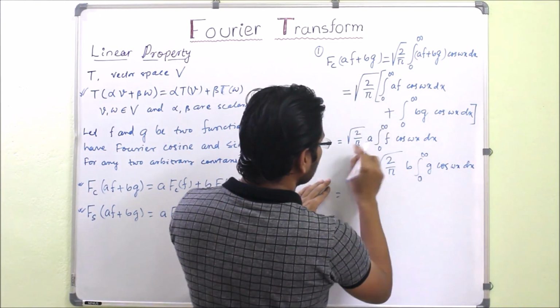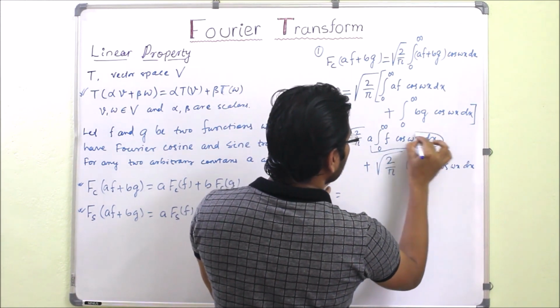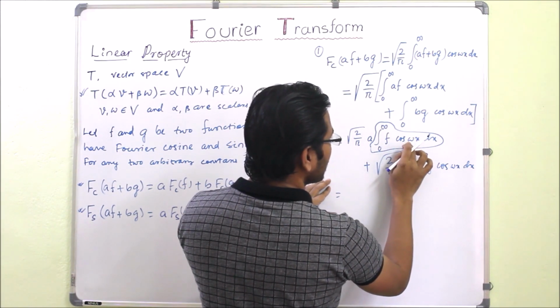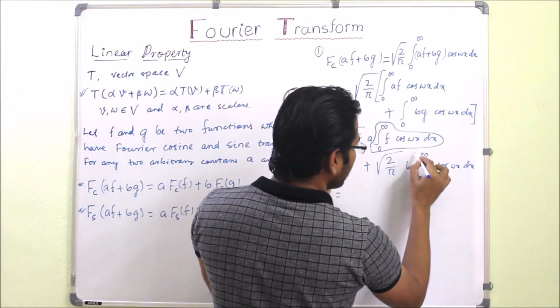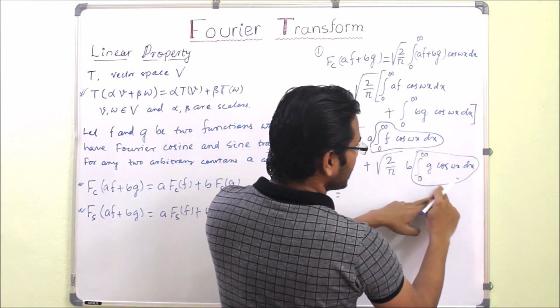So what is this? If you see this relation, this is nothing but the Fourier cosine transform of the function f. Similarly, this one is the Fourier cosine transform of g.